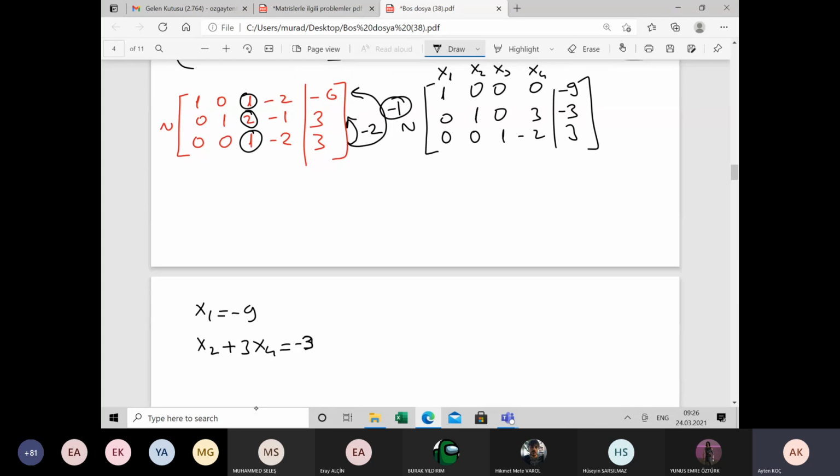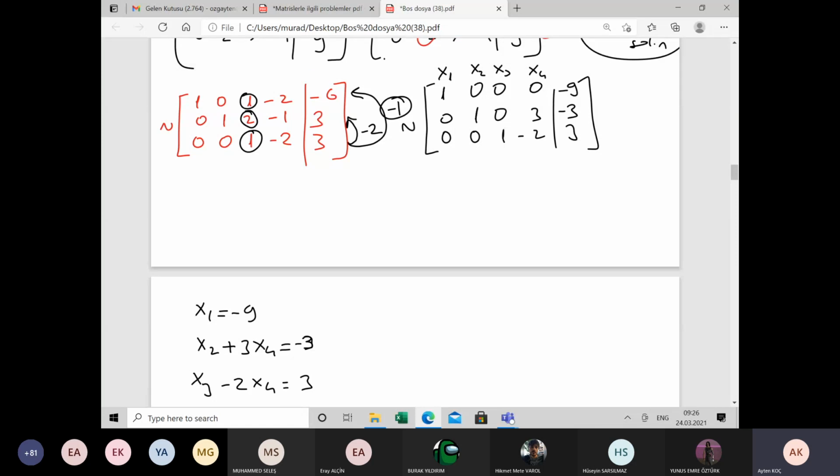And the last row gives the last equation: x3 minus 2x4 is 3. It's okay? So we obtain this system, and we solve this system.